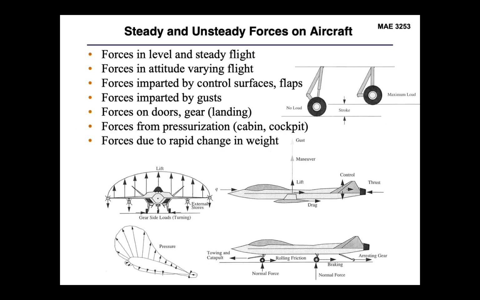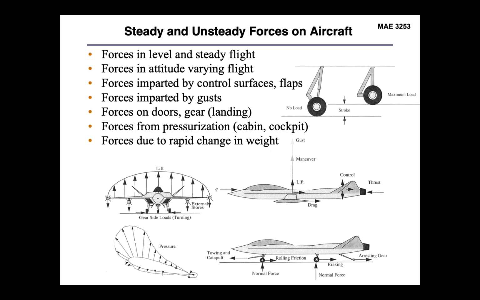Now, one of the things that really drives analysis of the structural design of the aircraft is really the unsteady forces. We've already looked at the forces in level and steady flight, but when we look at the forces acting on the aircraft from its varying attitude, accelerating flight, and then more importantly, when we start to deploy control surfaces, things such as ailerons, elevators, rudders, flaps on the aircraft, that's going to impart forces acting on the structures of our aircraft.